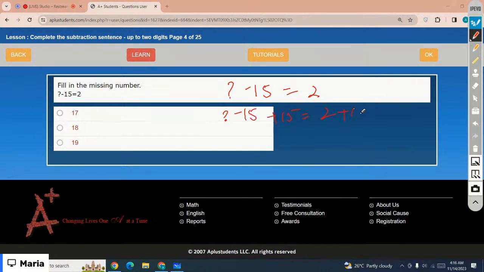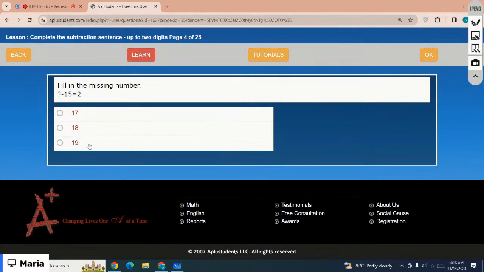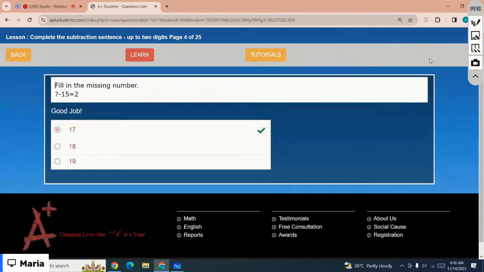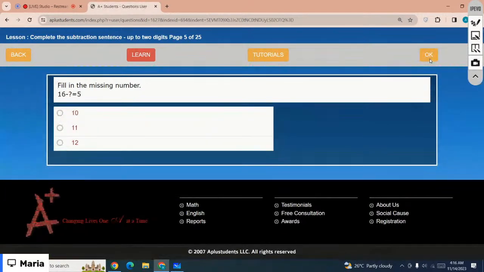So it will be 2 plus 15, right? So 15 minus 15 is 0. So 2 plus 15 is 17. So the correct option is 17. Got it? That means the missing number is 17. So it's your choice with which method you're going to use, right?